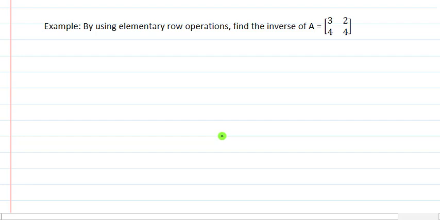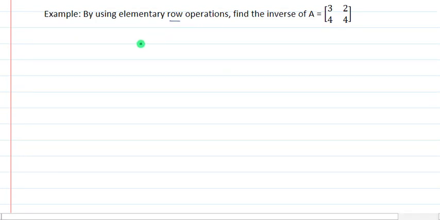Let us use the above steps in the given example, and first of all I am using elementary row operations to find the inverse of the given matrix. So as I told you, first of all we will write this matrix A as equal to I into A. Let me write the matrix A over here.